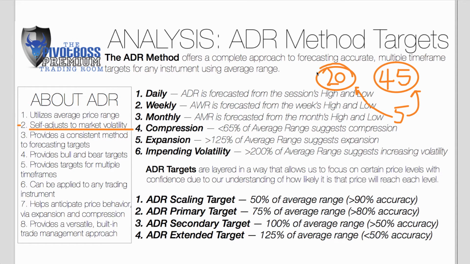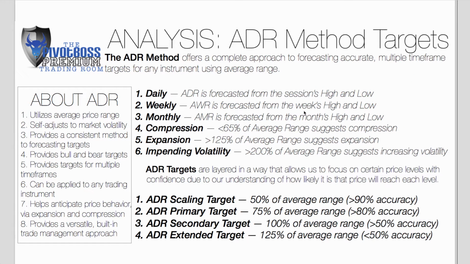You know what I mean? This is a significant portion of that, whereas this is just a drop in a hat in this day. So you want to play the bigger targets when you have a 45-point range day or average day. So it just makes sense to adjust any approach that you're using to the market's current volatility so that you're playing within the rules of what price can do.